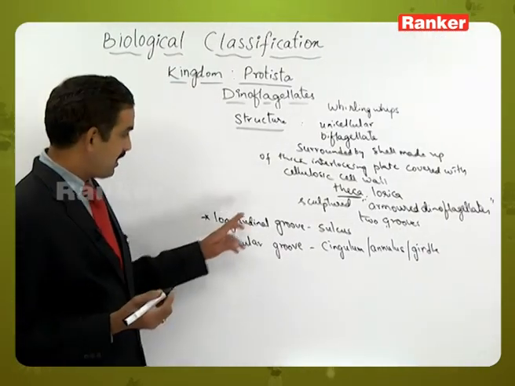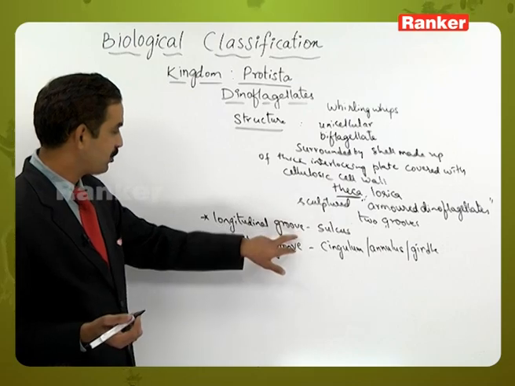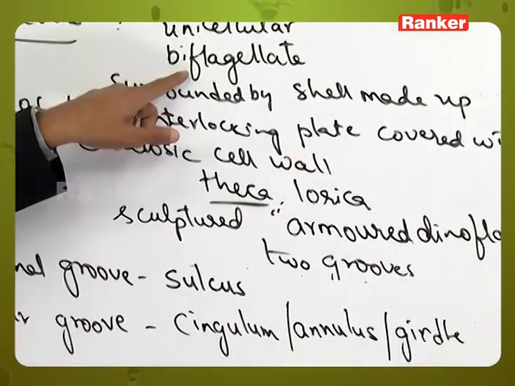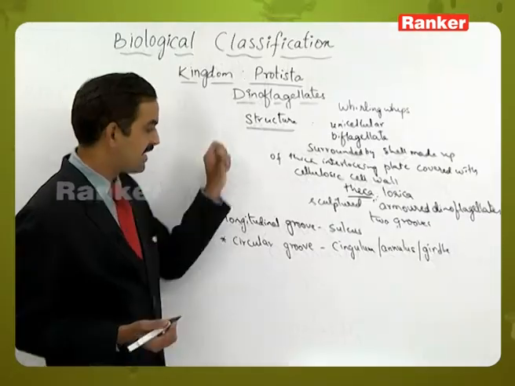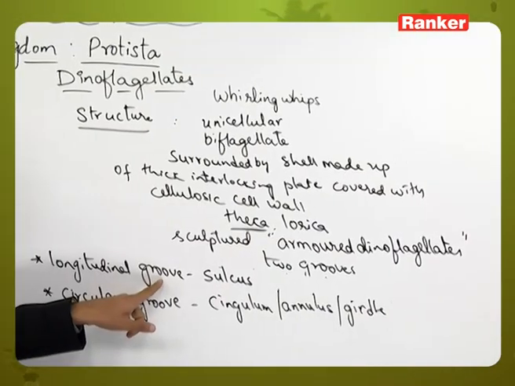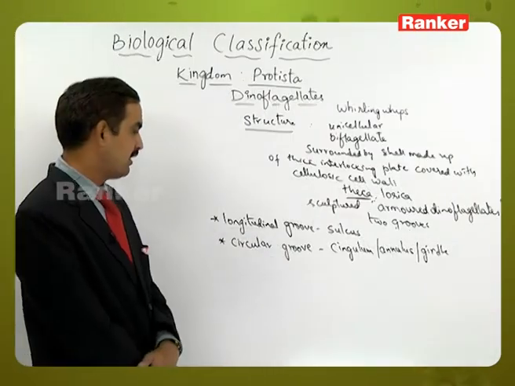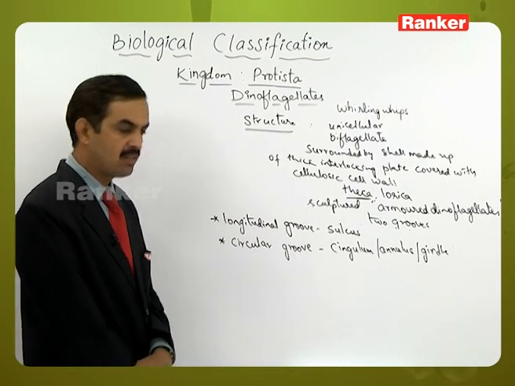So the theca has two types of grooves, and apart from that they have two flagella. The two flagella arise from the groove-like structures, one from the longitudinal groove and the other from the circular groove.